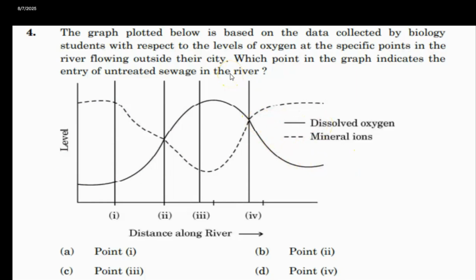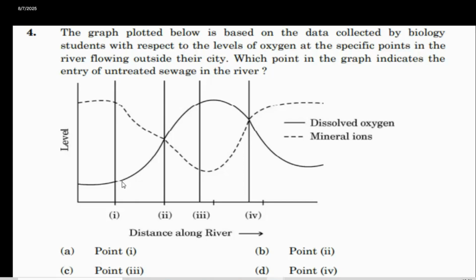So you should know what will happen to the dissolved oxygen and mineral ions. Dissolved oxygen will be comparatively very low because mineral ions will be very high in very polluted water. Pollution in the sense a lot of organic matter will be there in the water. Then definitely to decompose this organic matter, the water oxygen level will be dropping.